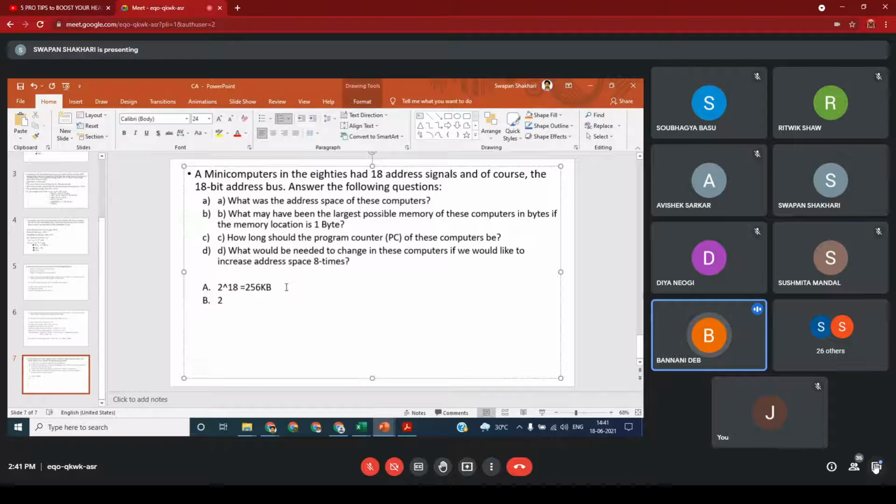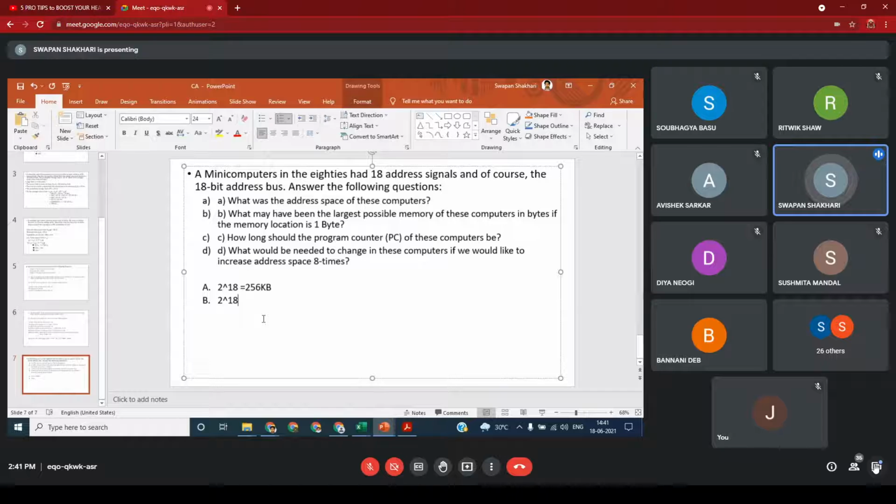Sir, actually the 2 to power 18 was in bits. No, yes, it is bits, meaning 18 signals. Using 18 signals we can represent 18 bits, and with them we can address 2 to the power 18 memory addresses.